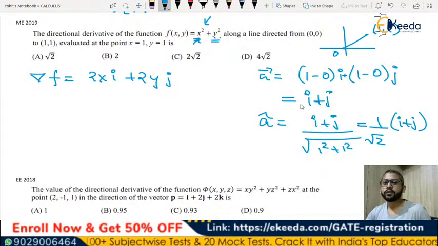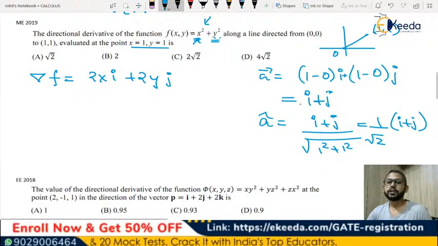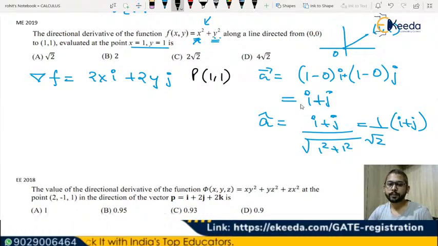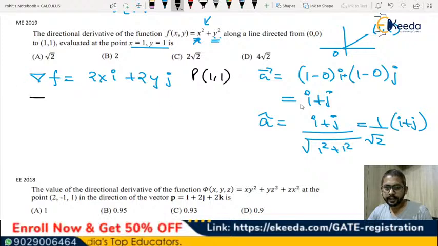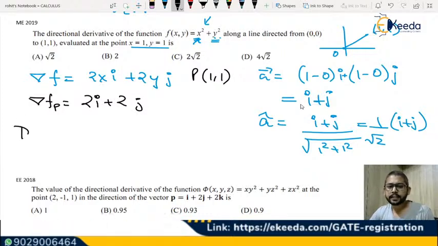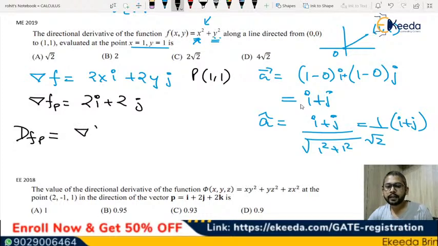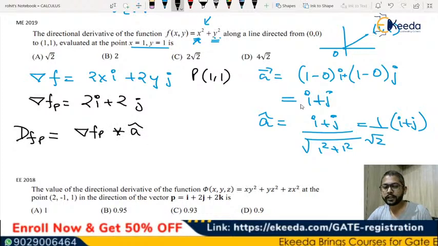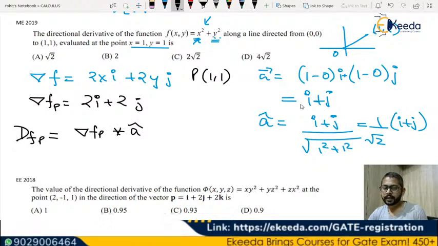Also, you have to find this directional derivative at the point P, which is 1 comma 1. So let me write this. You need to find this at point 1 comma 1. So let's put this value here. So this gradient at this point will be 2i plus 2j, right? So this directional derivative at this point P will be the gradient at P dot the unit vector. I'm not writing a vector, I'm writing the unit vector.